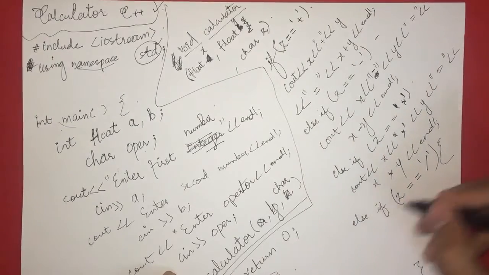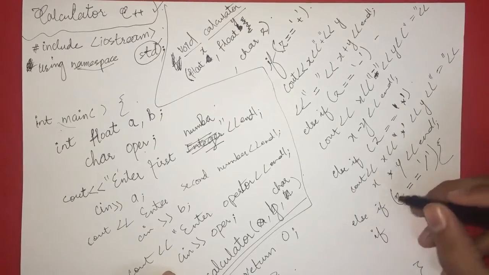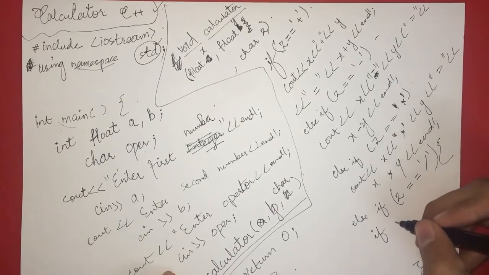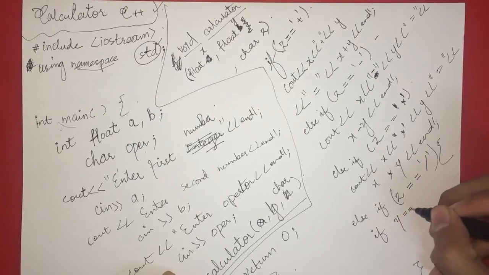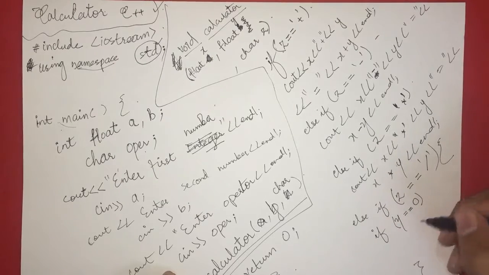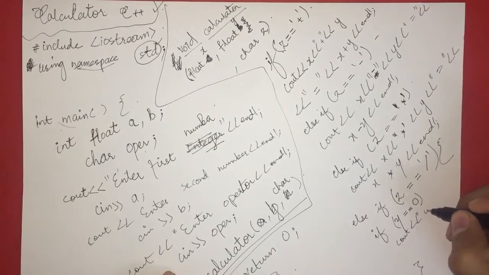So that is why else if y double equals 0, it outputs that undefined.